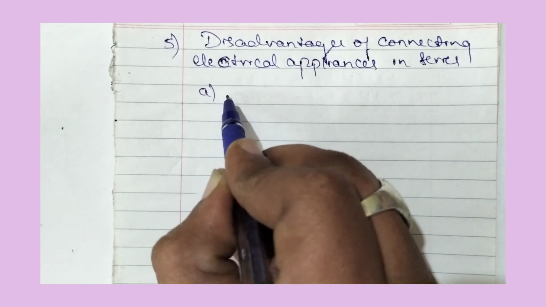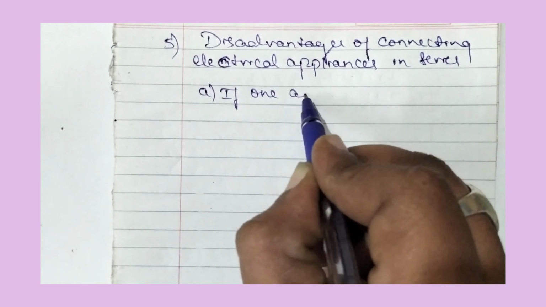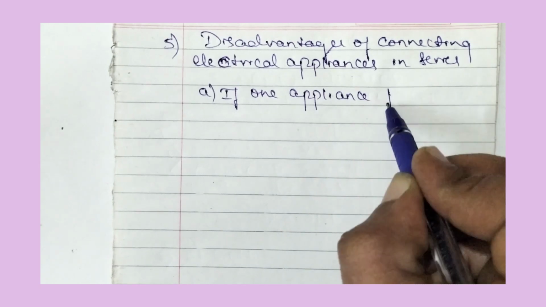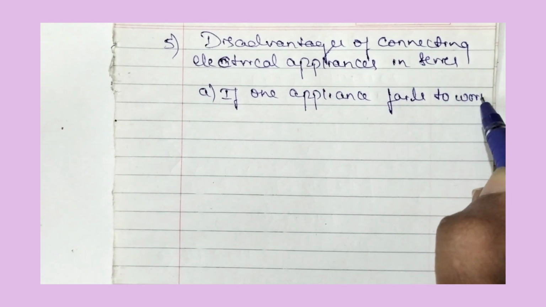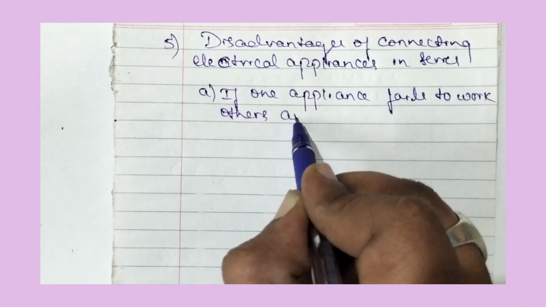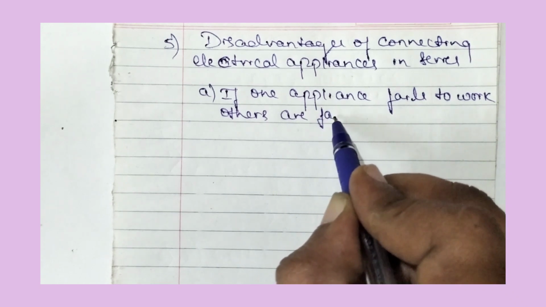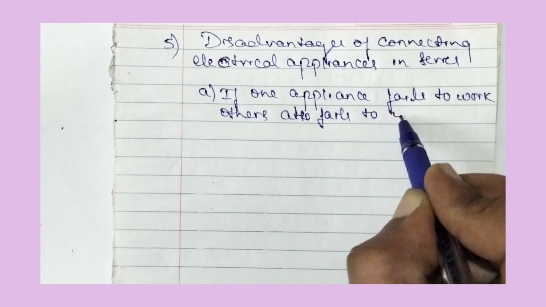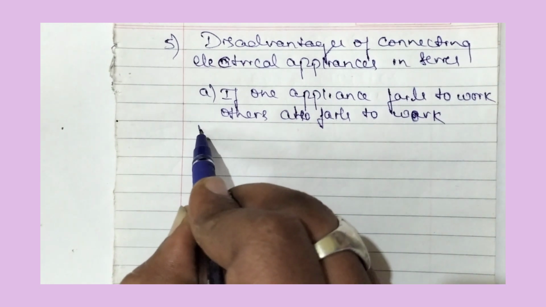The first disadvantage is, if one appliance fails to work, others also fail to work. If one fails, others also fail to work. This is the first one.